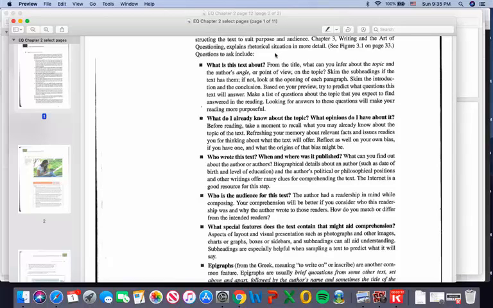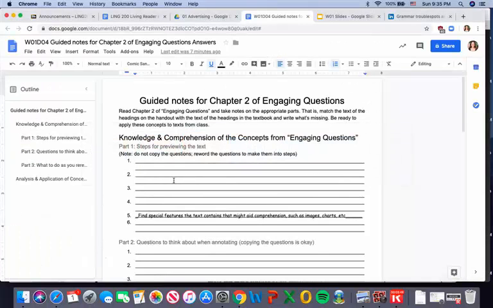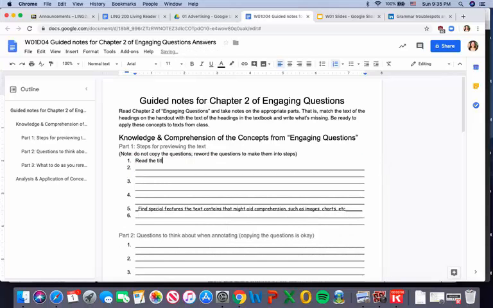So looking at the title and determining the topic and the angle are some of the things we want to look at. So let's think of the command, the step that we would come up with here.